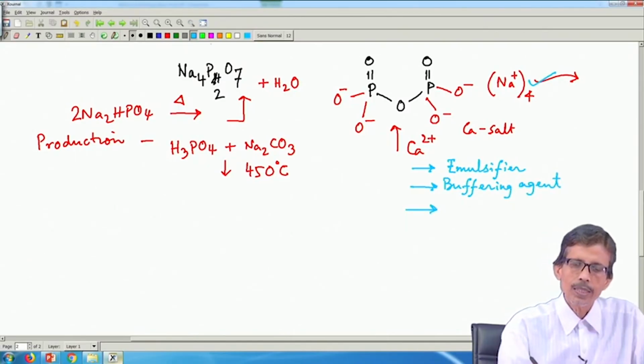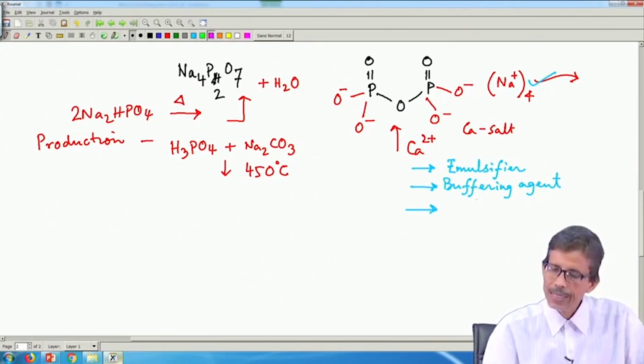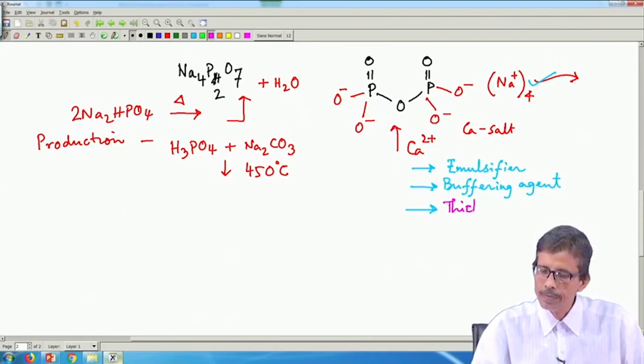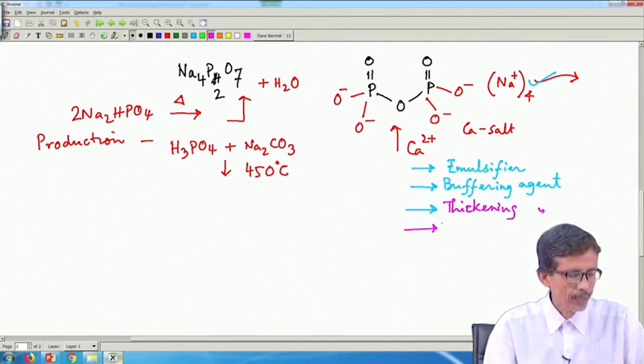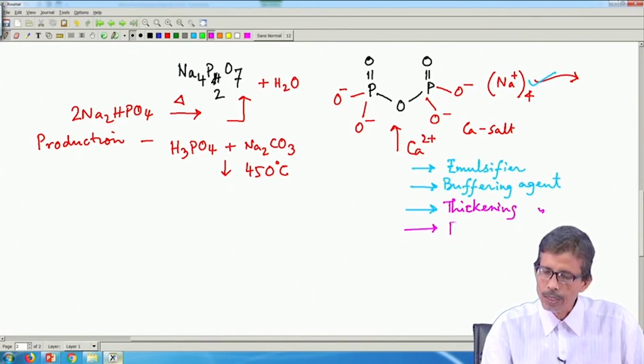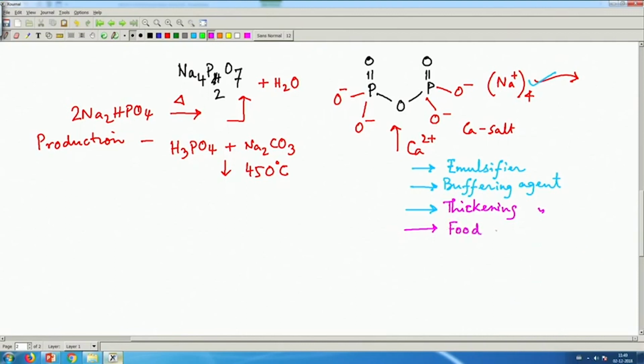It can be utilized as a thickening agent for the food industry, and therefore it can also be a very good food additive, because additives are added to food material to improve the shelf life or to stop the decaying of that food material.